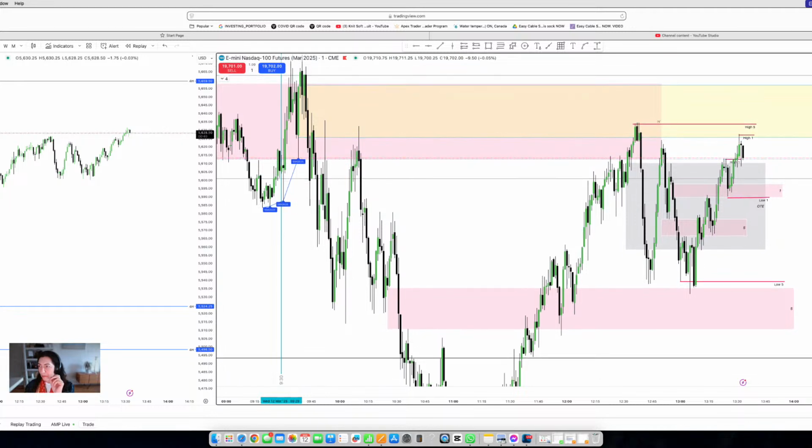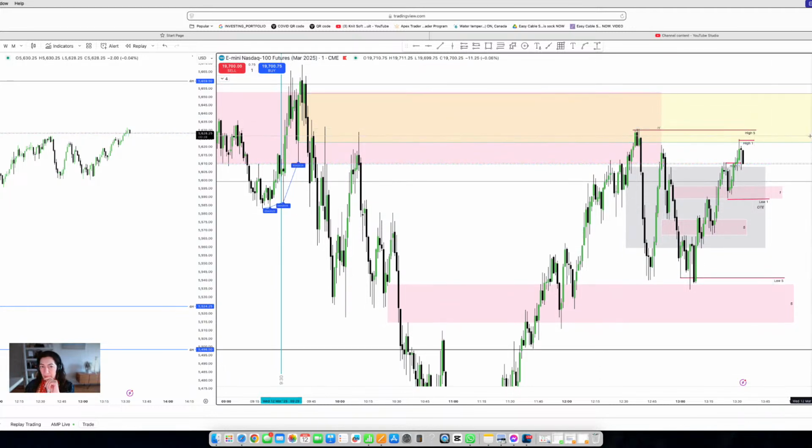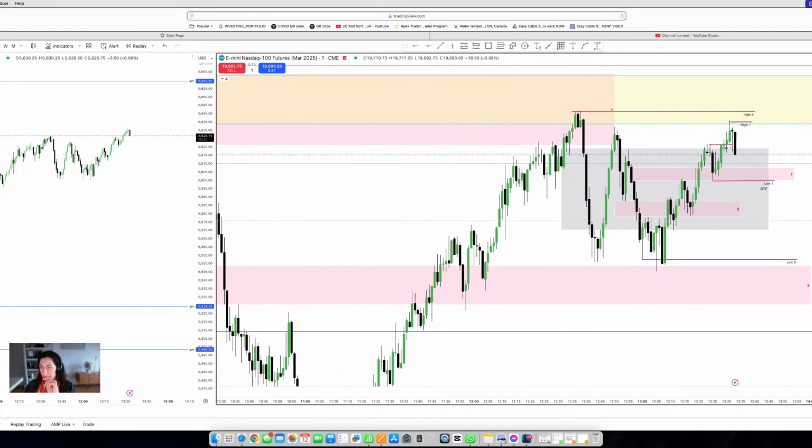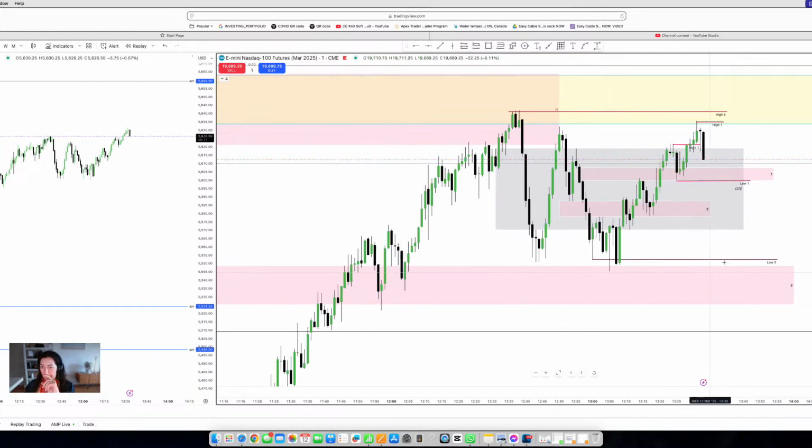Tapped into the breaker block again. Could even look at this as a breaker on the 1 minute. So we have a high, a low, higher high. And let's see if we break to the downside. That will give us a breaker. High, low, higher high.